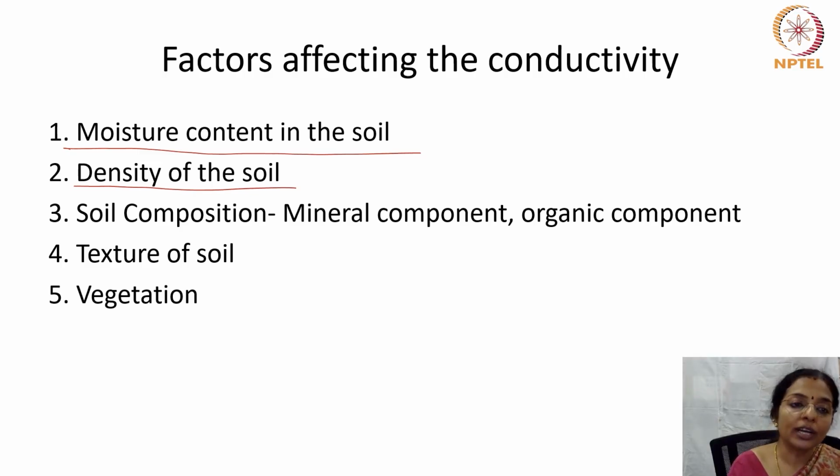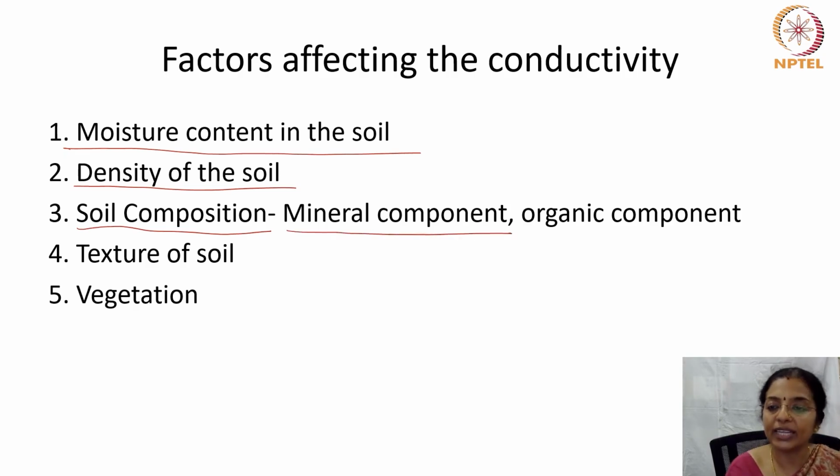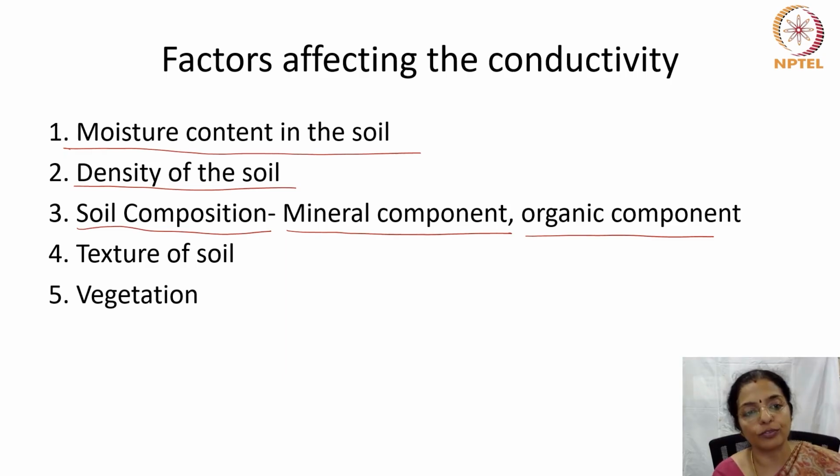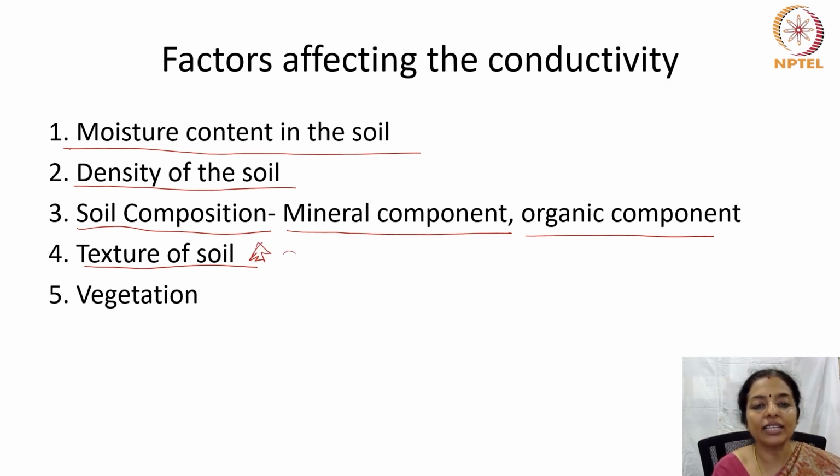The soil conductivity also depends on the soil composition, whether it has a lot of mineral component, whether it has organic component. So what is the composition of the soil? It also depends on the texture of the soil, whether the soil is angular or whether the soil is rounded. So all this impacts the conductivity.